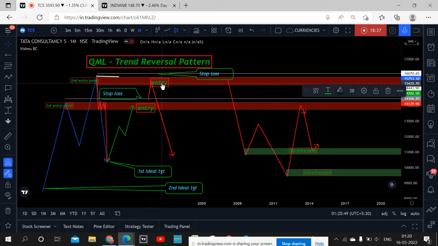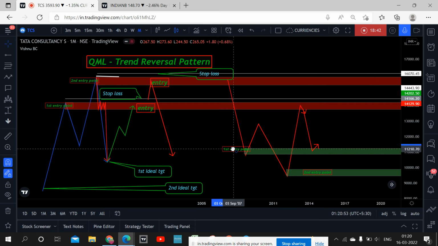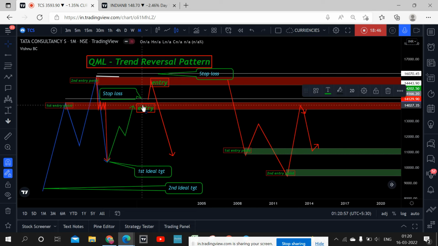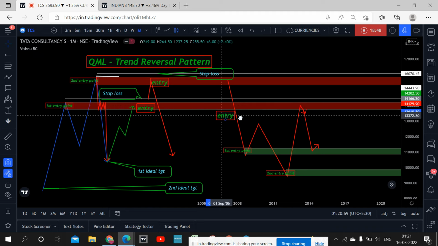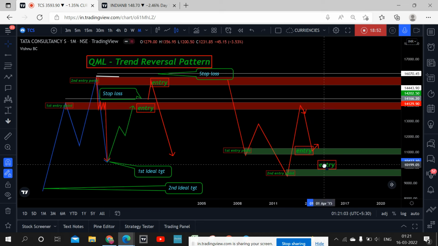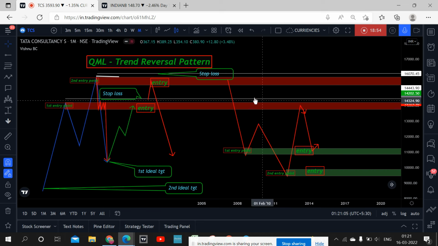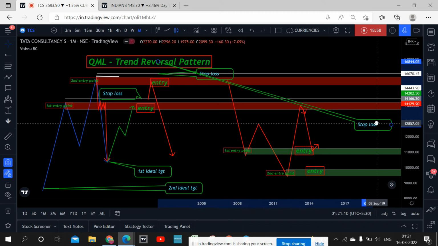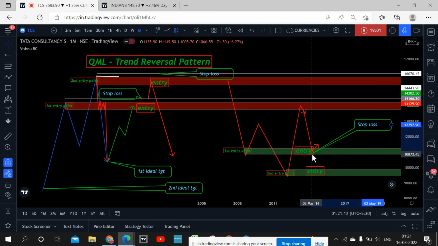Likewise, your entry, and the stop loss is below this range.